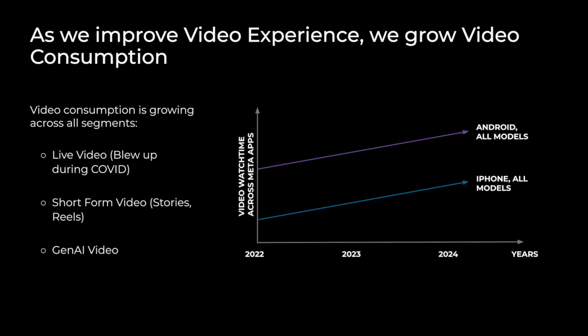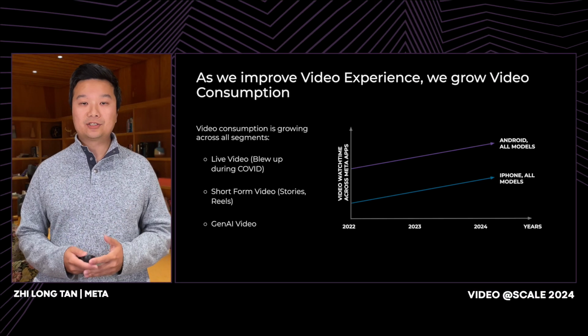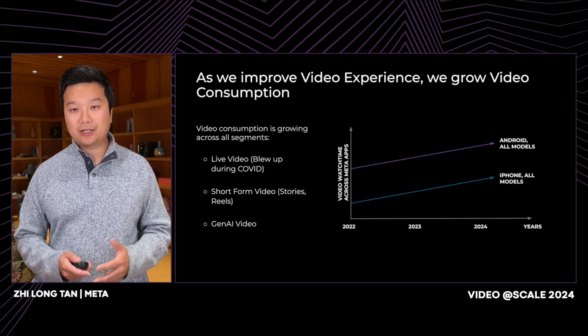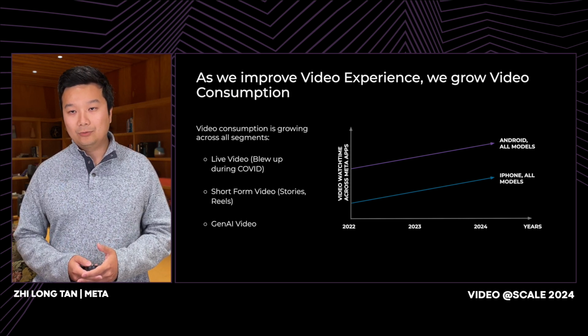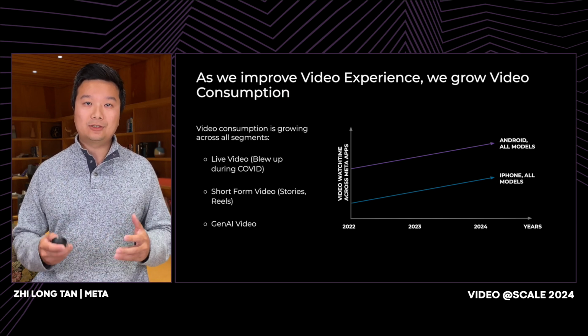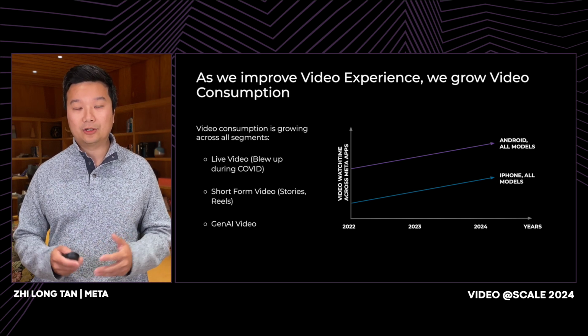Short-form video continues to delight users and connect people, and recently, Gen AI video is becoming viral. Because of the diversity of device models and environments where users can enjoy video content, we cannot assume that all videos will play smoothly. To maximize user experience, we need to take into account the video or device performance.